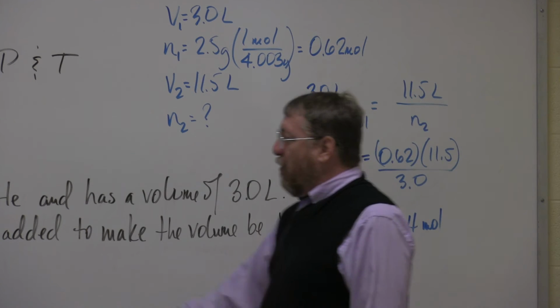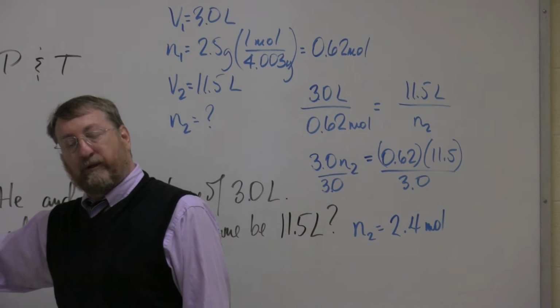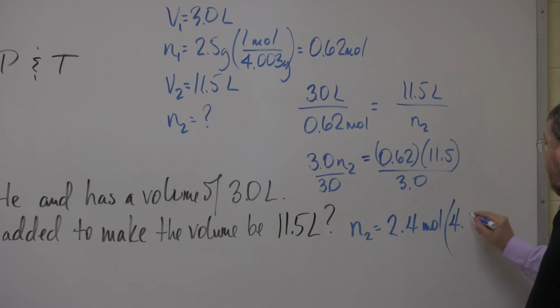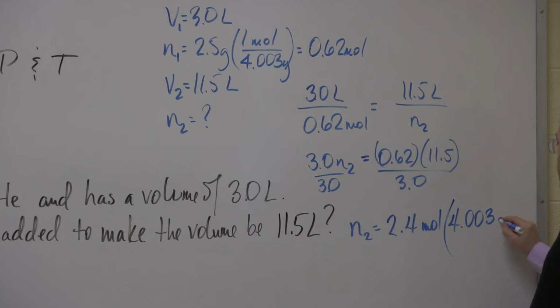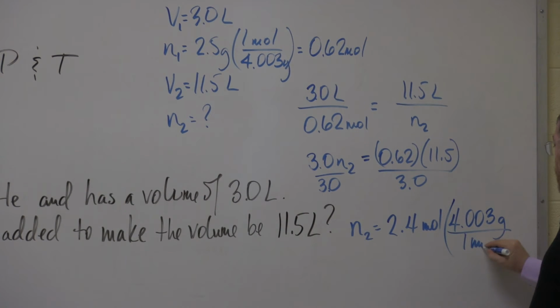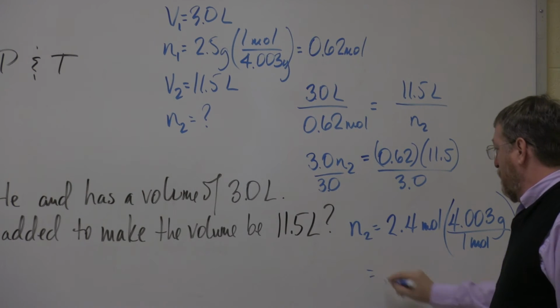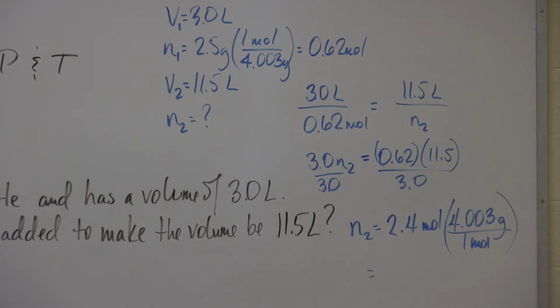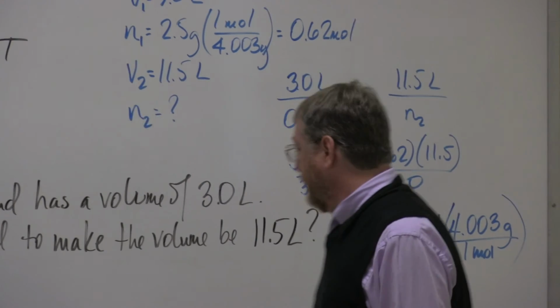But obviously we want to know what mass of helium. So we're going to take our moles, multiply back out to get our mass. So we know 4.003 grams per mole. Multiply that out, 2.4 times 4.003, we'll get 9.5 grams.